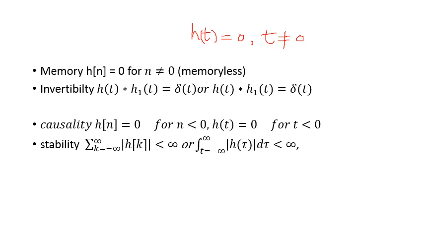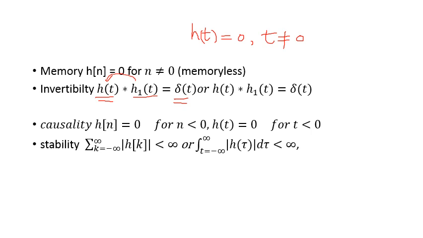Similarly, for a system to be invertible, these are some examples of the properties we have discussed in detail in our lectures, right? So invertibility: if two systems are invertible, then if they are cascaded, that means if they are put in series, their impulse responses, for example, one system has impulse response h of t and its inverse system has impulse response h1 of t. So if they are convolved, they will result in an impulse.